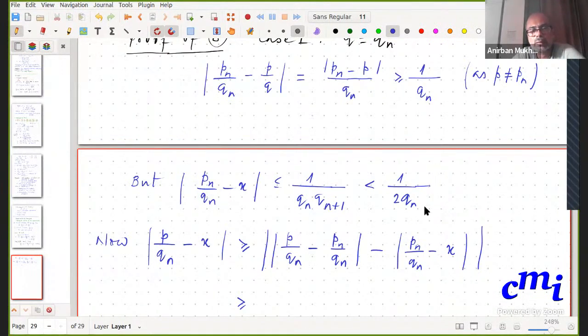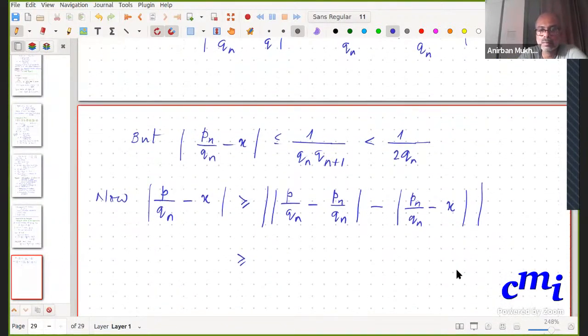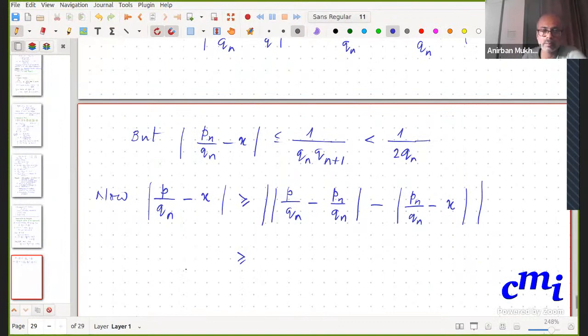Both are true actually if n is greater than 2, but n greater than 1 itself is fine. I can replace Qn plus 1 by Qn. If I combine the first two inequalities, whatever we have within the absolute value is positive. Therefore, we don't need the absolute value on the whole thing.